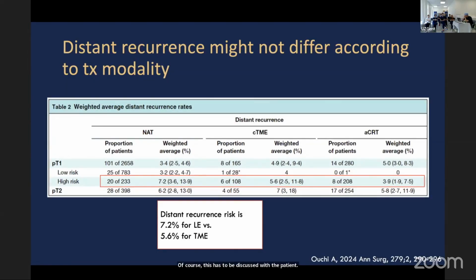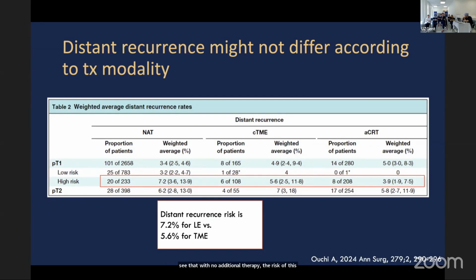This is probably looking at the same thing, but not from the point of view of lymph node metastases, but from the point of view of distant recurrence. And the NAT means no additional therapy. And you see that with no additional therapy, the risk of distant metastases is like 7%.